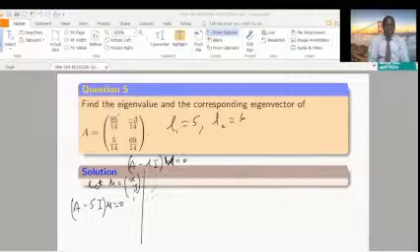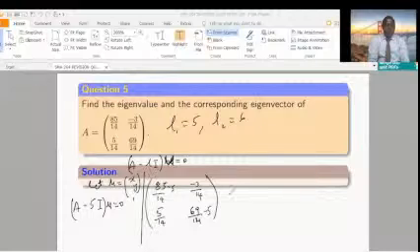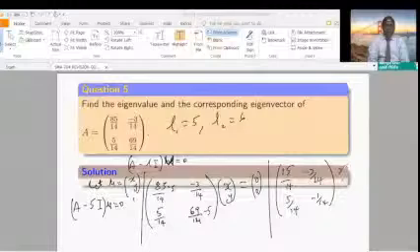So what I will then have would be 85 out of 14 minus 5, negative 3 out of 14, 5 out of 14, 69 out of 14 minus 5, multiplied by xy, equal to 0, 0.